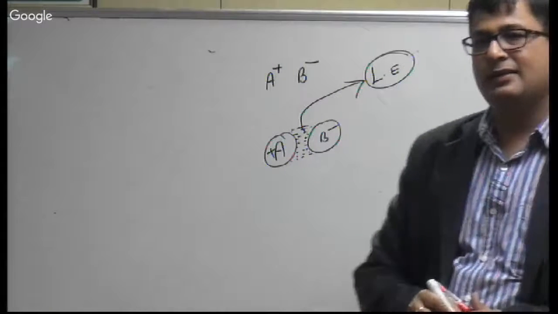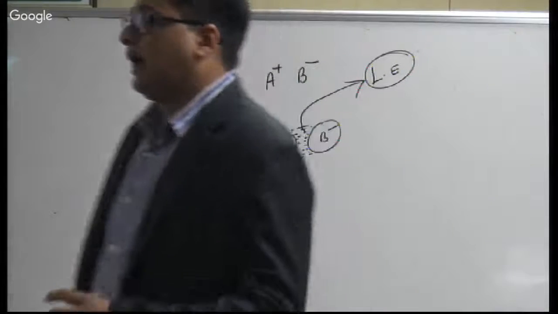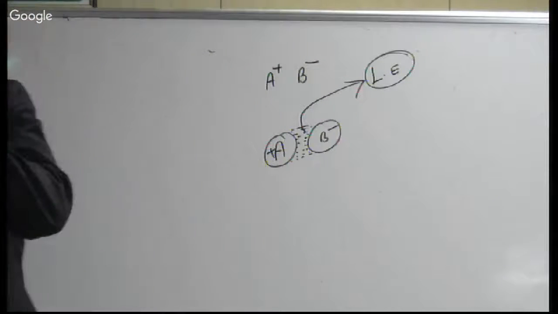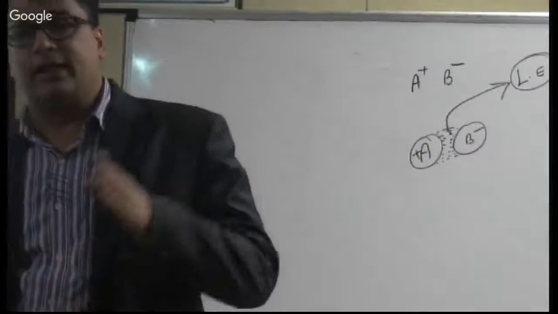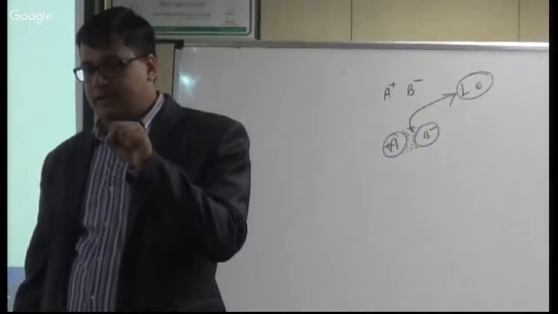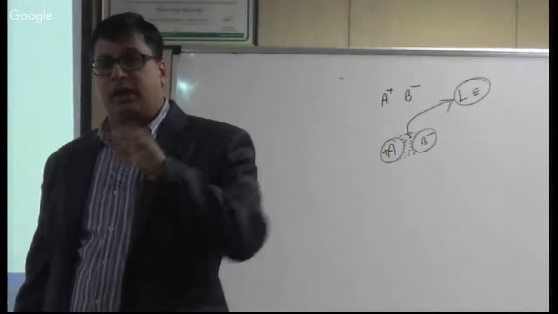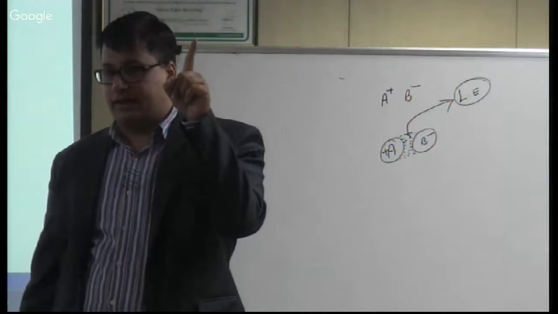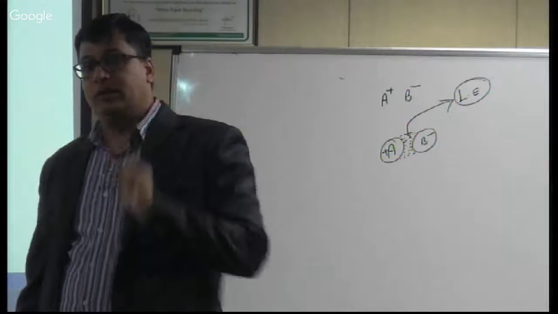Higher the lattice energy, stronger will be the bond. This lattice energy mainly depends upon the size of cation and anion. Smaller the size, higher the charge, higher will be the lattice energy, and stronger will be the bond.